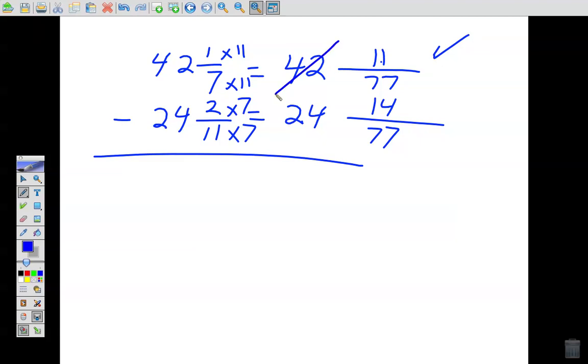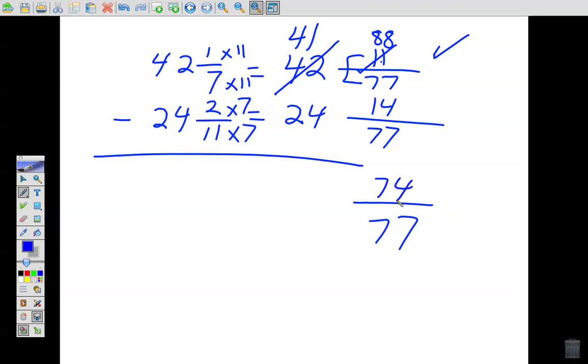So you always borrow 1 from the whole number, and then you simply add these two together. 77 and 11, let's see, 77 and 10 is 87, 88. So replace the top with 88. So we borrowed 1, and then we added the 77 and 11 to get the new top number. Now you can subtract the 88 minus 14, which would be 74.